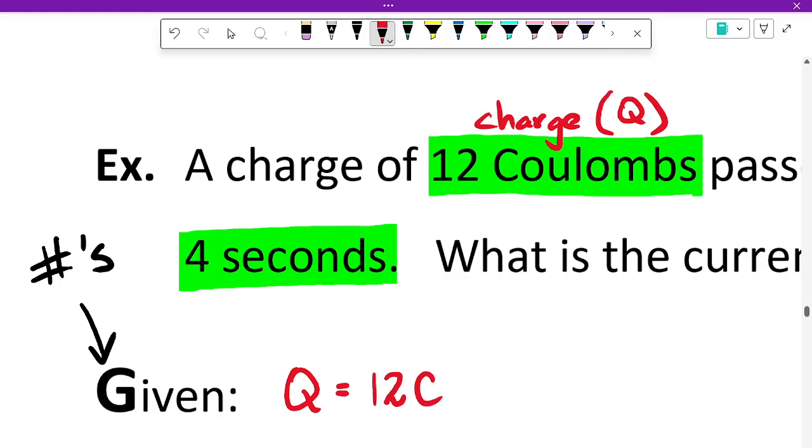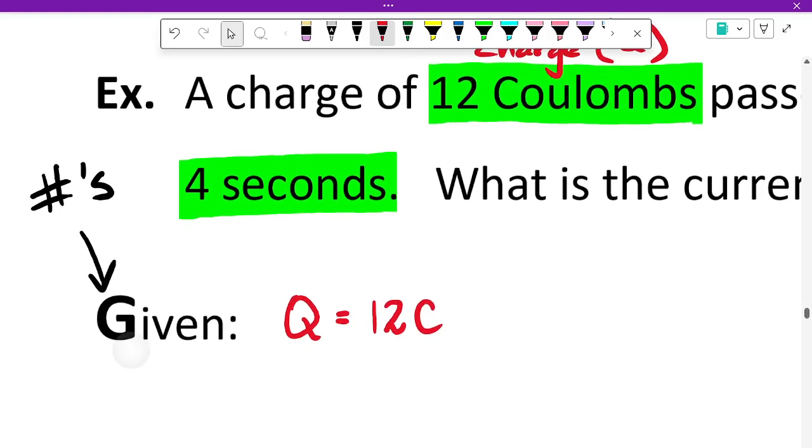Do you guys think you could do the second given quantity on your own? Do you want to try it?